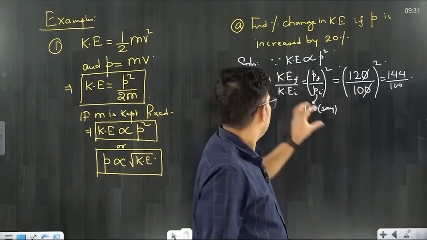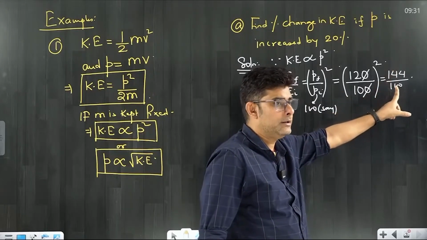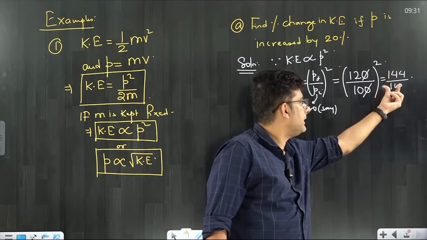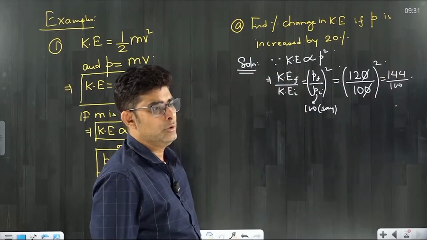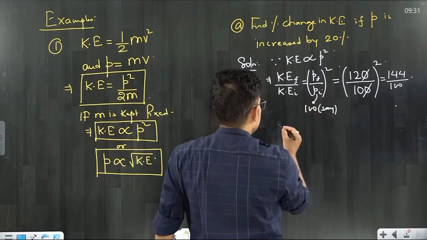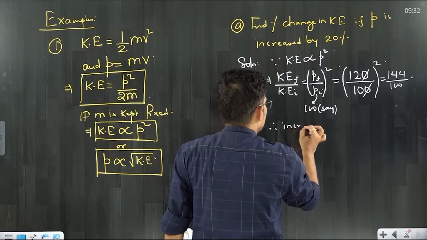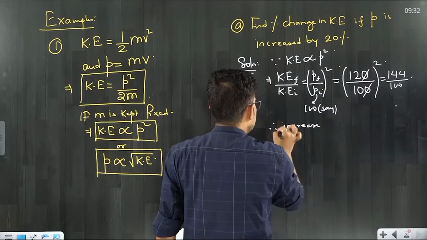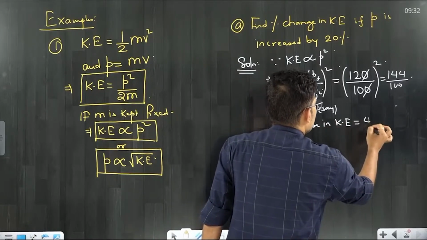Tell fast. So KE final by KE initial is 144 by 100. If the initial value is 100, final is 144. So what is the percentage? Yes, 44. Simple. So we can say that, therefore, percentage increase in kinetic energy is equal to 44%.